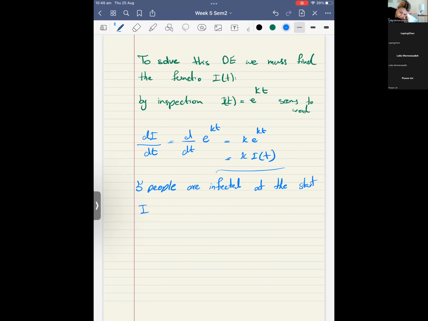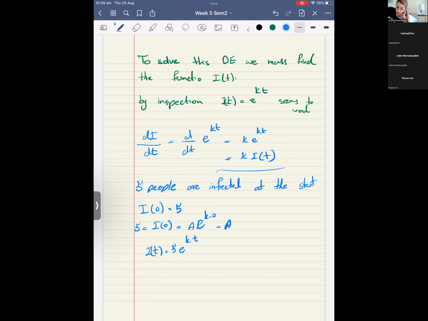It means I(0) is 5. So 5 equals I(0), and if I put a constant number A, e^(k·0) is equal to A, and I know I(t) would be 5e^(kt), but we should find k as well.